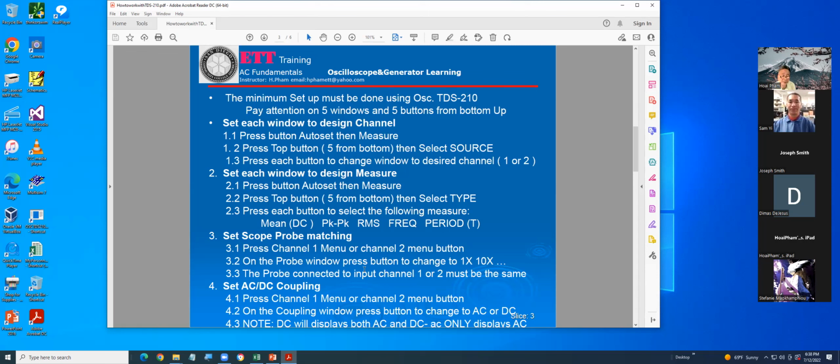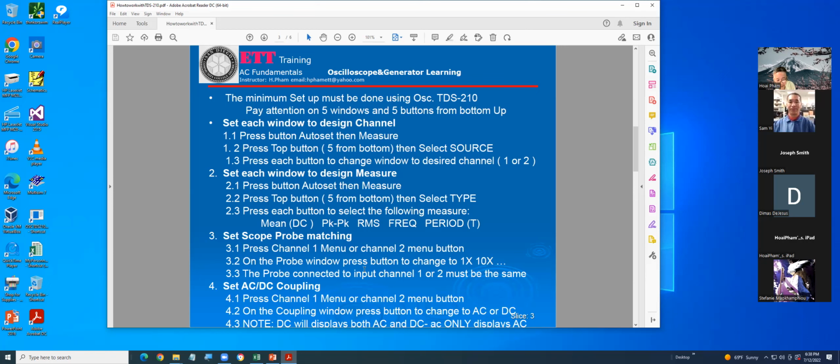Then what happens if you set it to AC coupling? It will only show AC, not the DC. They show AC only. The thing is, sometimes you get a very small AC signal, and at a certain point, you can also get a DC voltage.